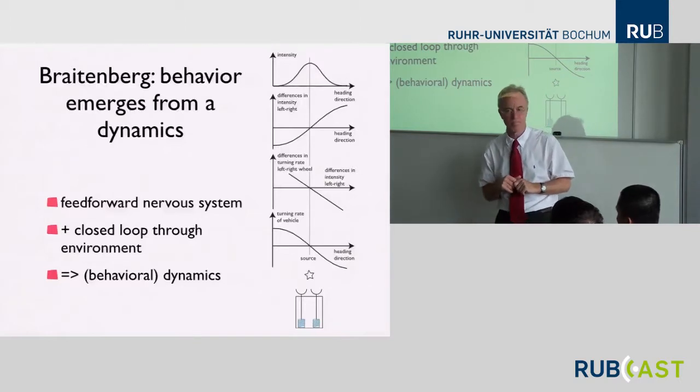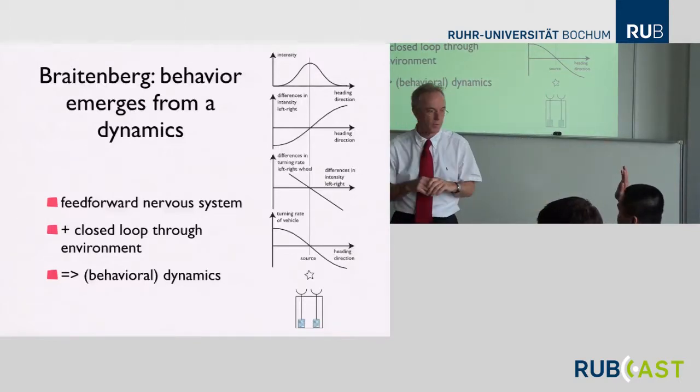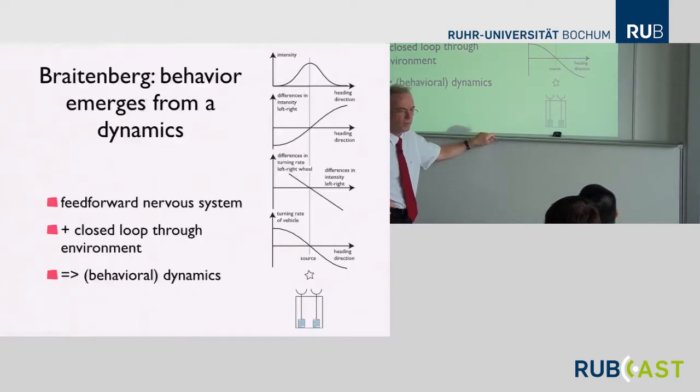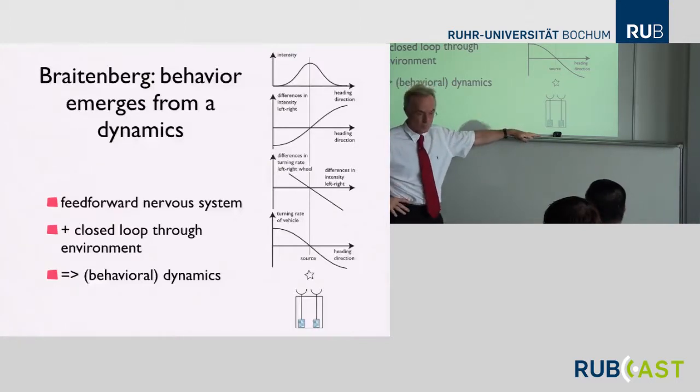Yeah. Other questions? Yeah? So in this diagram, you try to explain the behavior using two sensing systems, right, and use the derivative between them with respect to each other. Exactly.